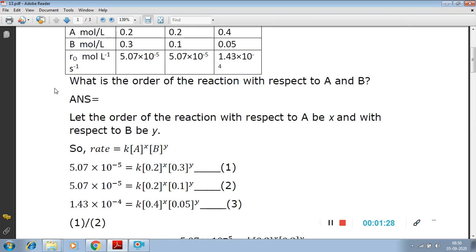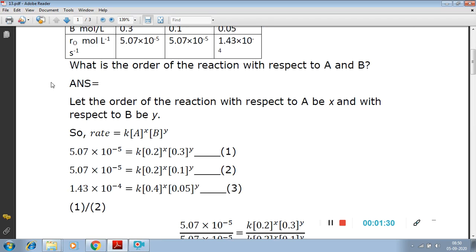So here suppose the rate of reaction is given by rate is equal to K into concentration of A raised to X into concentration of B raised to Y. That is our equation for rate.